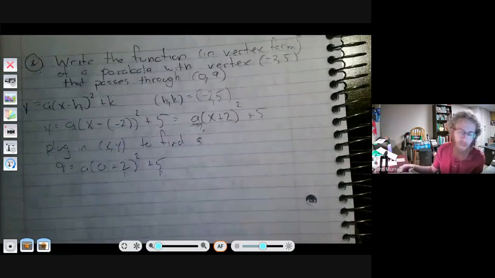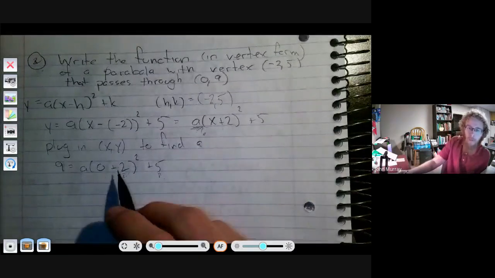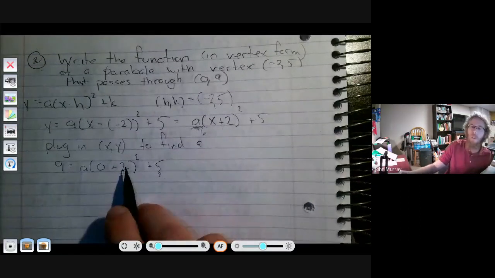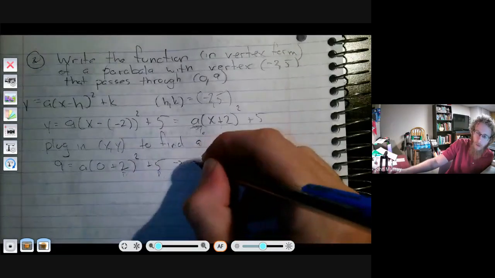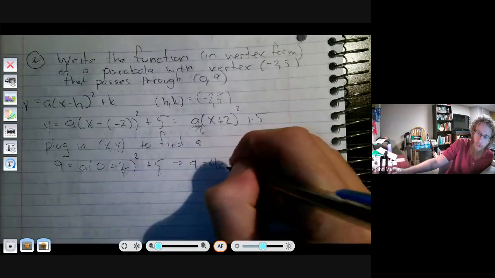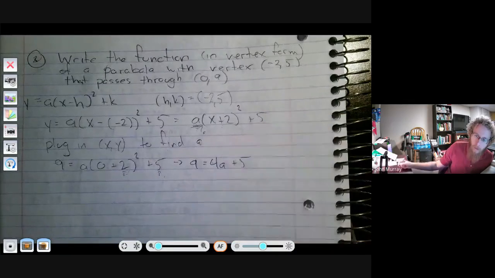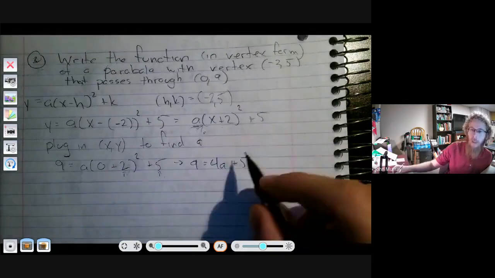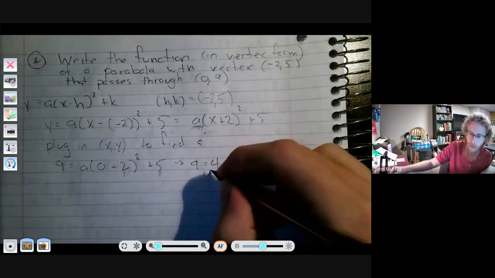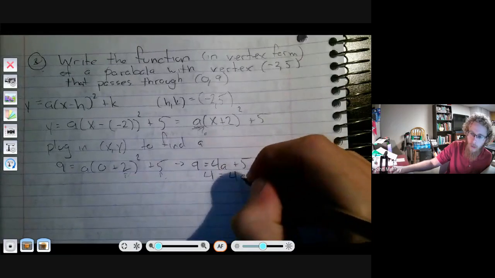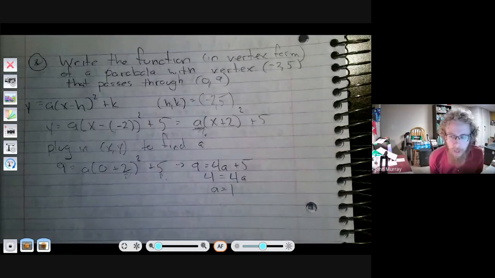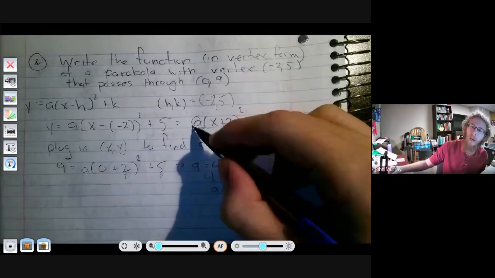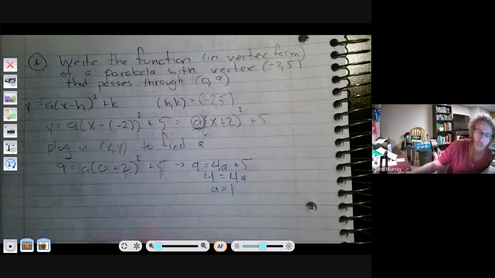So let's simplify this and solve. So 0 plus 2 is 2. 2 squared is 4. So we're going to have 9 equals 4a plus 5. And now we solve for a. Subtract 5 from both sides. Well, this one was pretty simple. A is 1. All right, so again, now you're going to go back here and you're just going to replace that a.